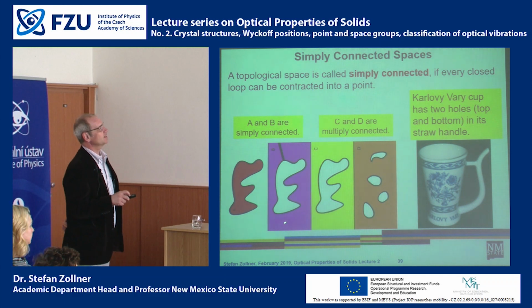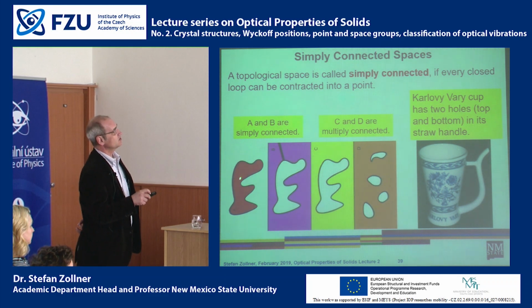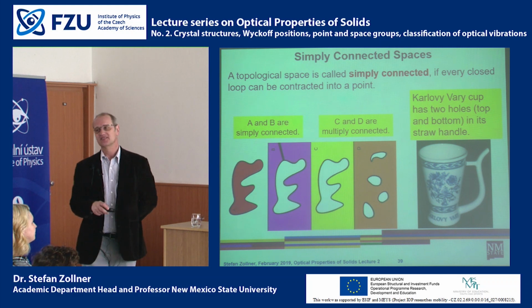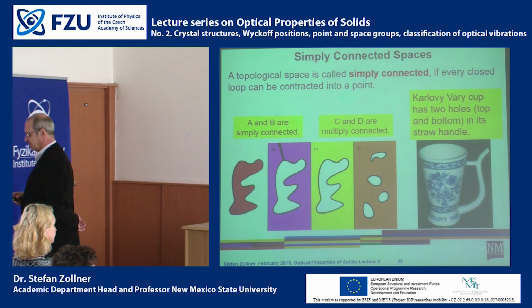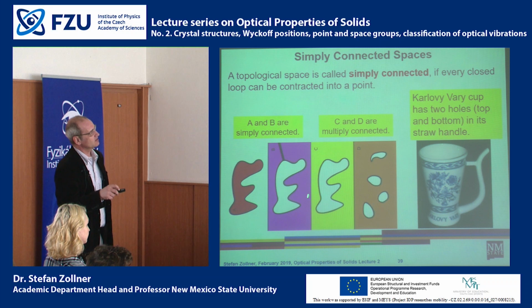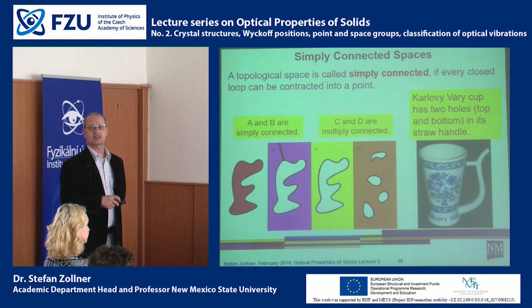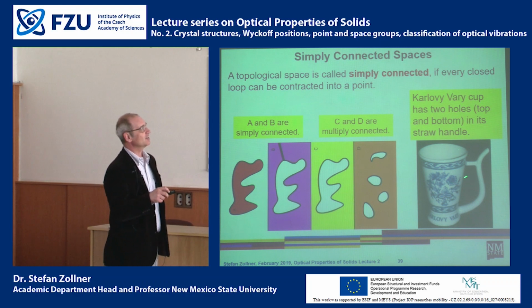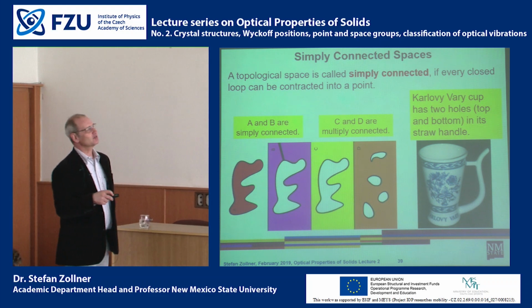So if we go back here, then this space is simply connected. But this space C here has a hole in the middle. And that is not simply connected because the fundamental group tells us how often a path has gone around this hole. So why did I put this Carlo-Vivari cup onto the picture?